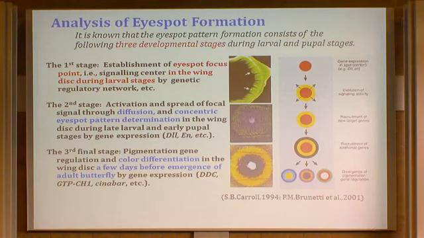So it is well known there are 3 developmental stages. Our main interest is the first stage, the establishment of the eye spot focus point, especially for the entire global pattern element, the entire wing surface.